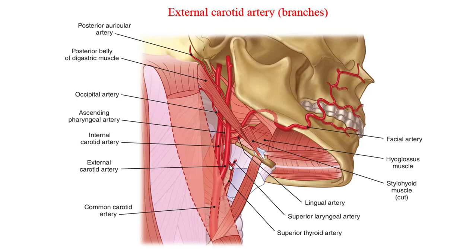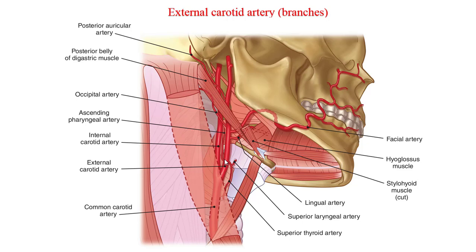The superior thyroid artery descends in the neck accompanied by the same name vein and external laryngeal nerve. It reaches the superior pole of thyroid gland and divides into its terminal branches.